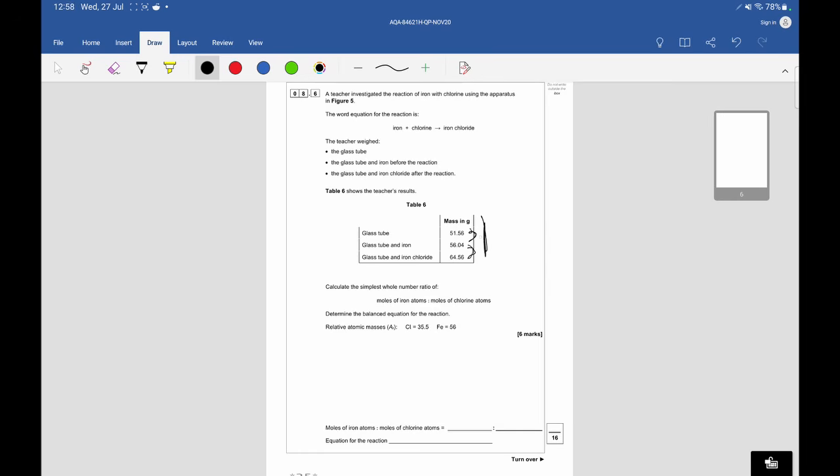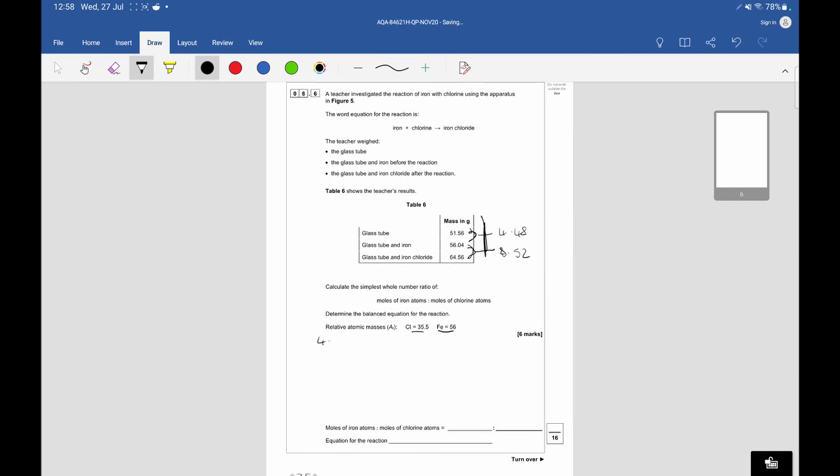Now we know that the difference here is 4.48. And we know the difference here because we can work it out. It's 8.52. We now need to work out how many moles of each of those things we have. Now we know that iron is 56, and we know that chlorine is 35.5.